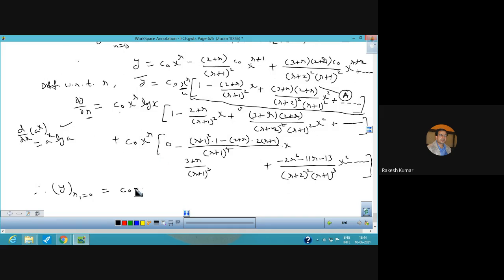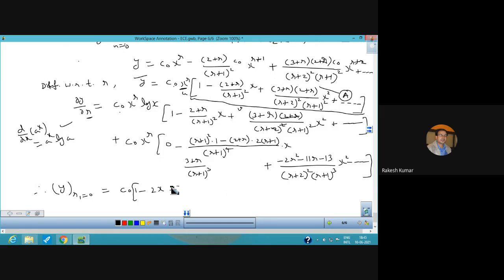So that is C naught x raised to power 0 is 1 minus 1, C naught can be taken common because C naught is coming in all the terms, so it can be taken common. So 1 is here, put r is equal to 0, so 2 over 1, that is 2, and x is there.